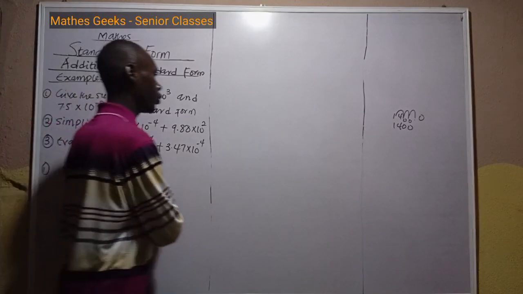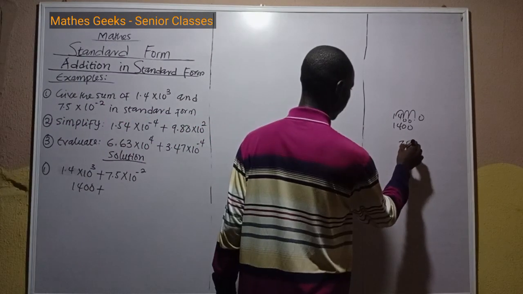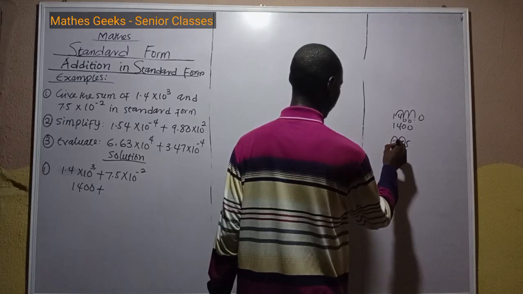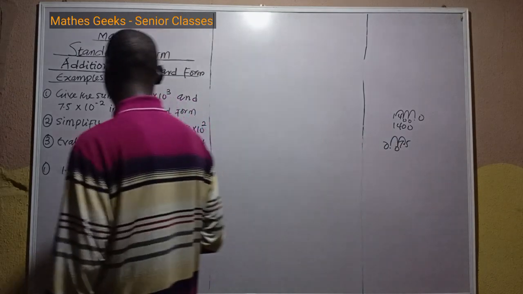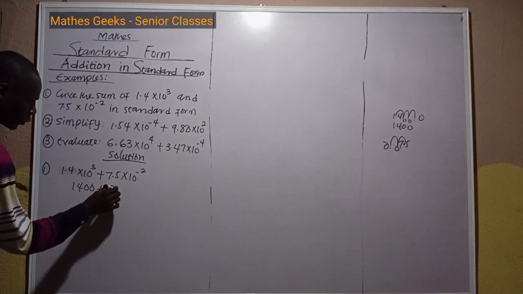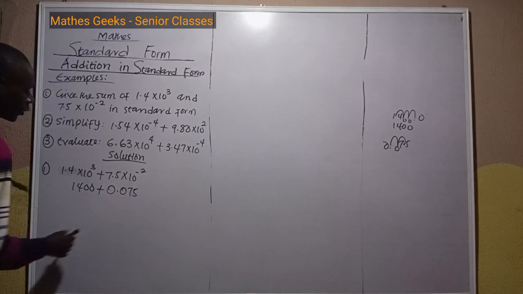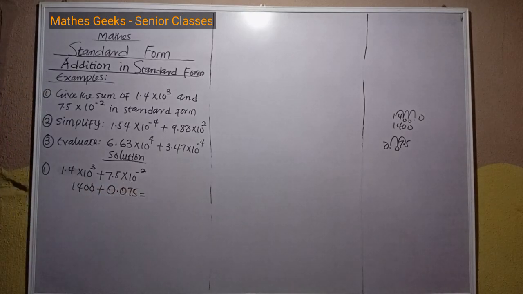For a negative power, you move your decimal point backward. 7.5 becomes 0.075.